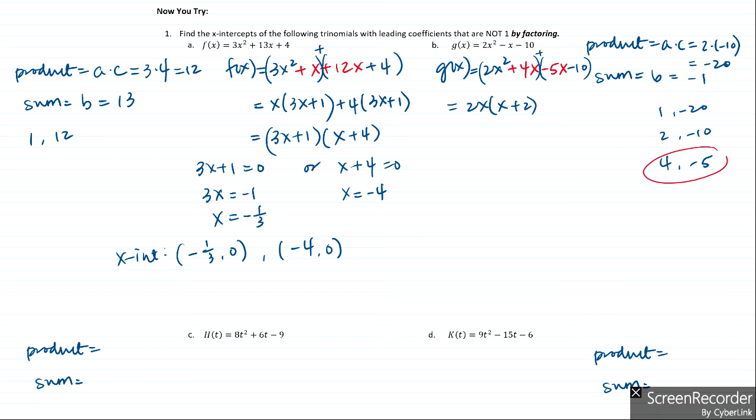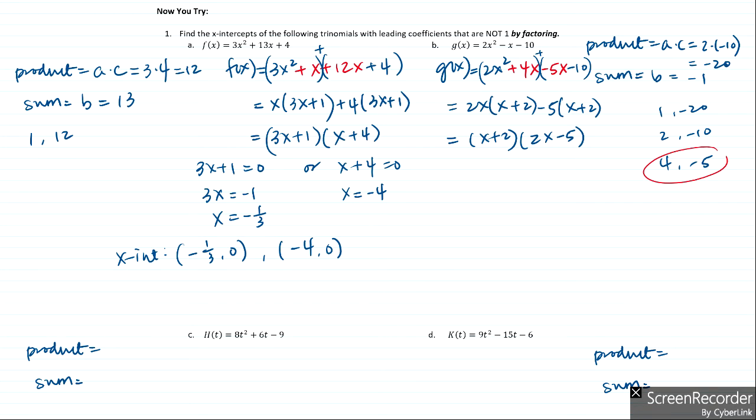So plus a negative value becomes minus, and the GCF is a negative 5, so I keep the 5, and that leaves me with x plus 2. Again, remember to change the sign of every term inside the parentheses once we factor out a negative GCF. Once we get that, x plus 2 is what's shared between the two groups, leaving me with 2x from the first group, negative 5 from the second group.